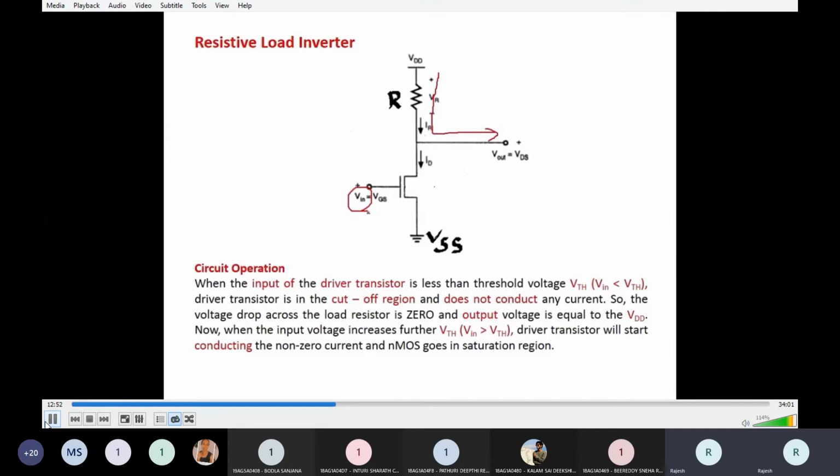Next case, whenever Vin is equal to 1, that is high, this transistor turns on. Whenever it is on, the output is connected to ground through this transistor, hence it discharges and you will get a low output. For low input you get high output, for high input you get low output. That is the inverter operation. So here we have replaced the depletion mode MOSFET with a resistive load.